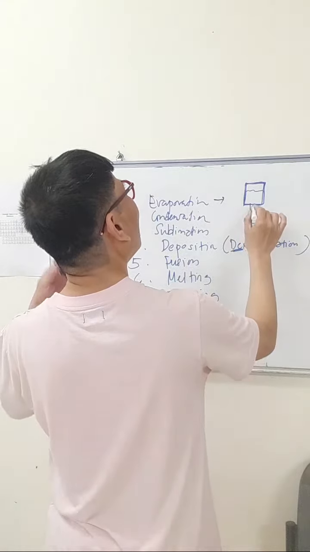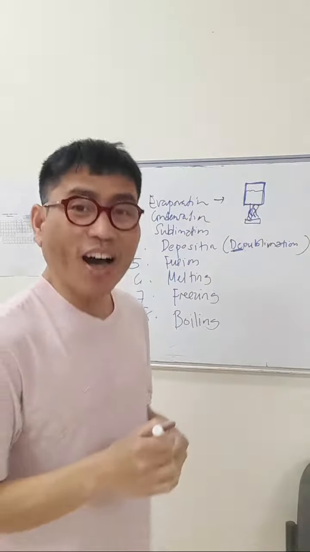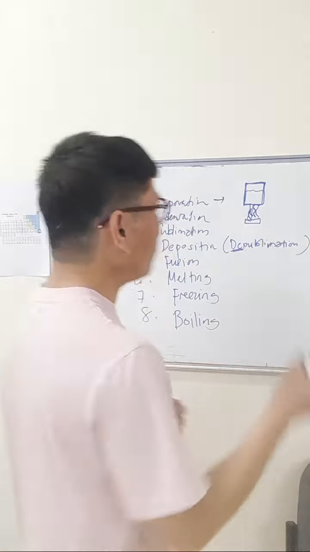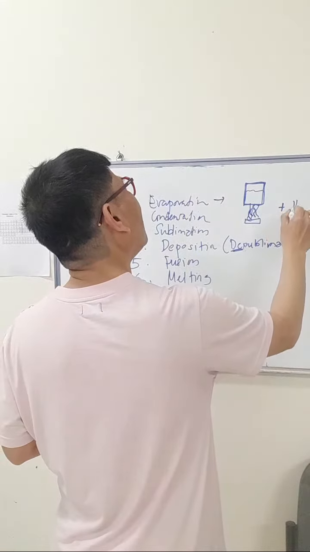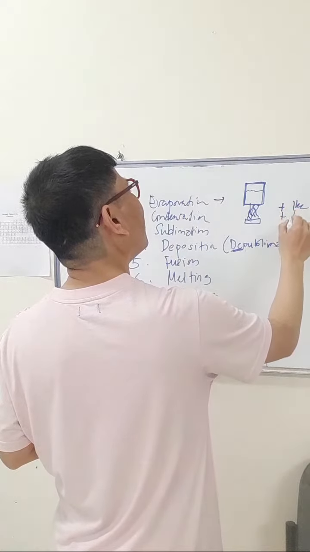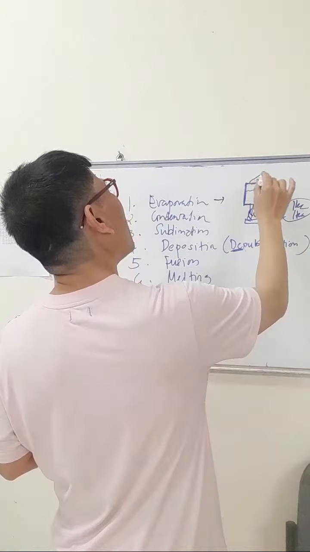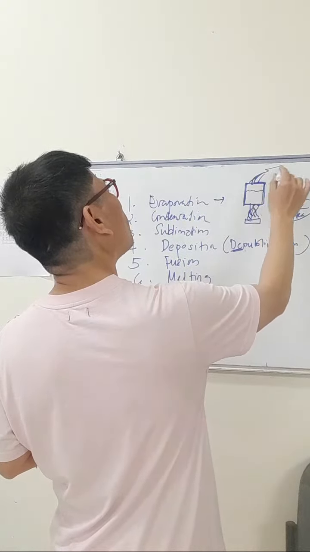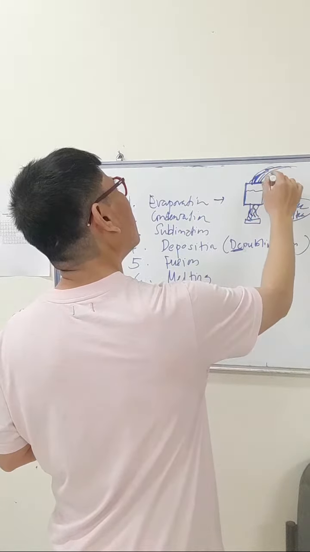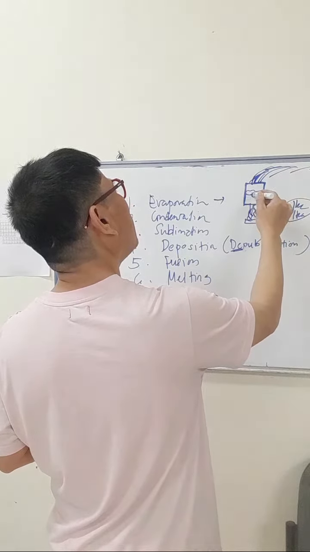Now it's very obvious, right? You add heat. If you add heat, the water absorbs heat, meaning it will vaporize. Some of the molecules will vaporize into the atmosphere, and then the volume will decrease.